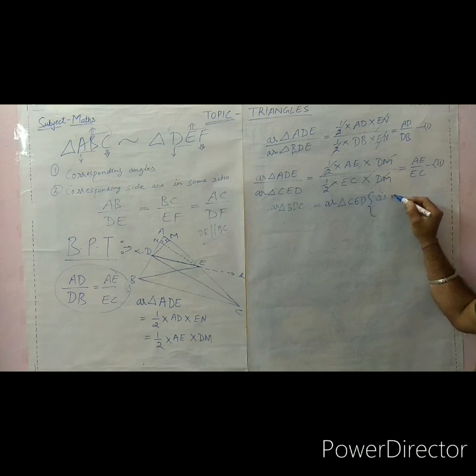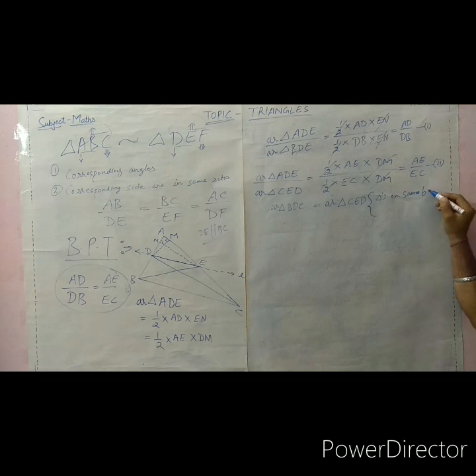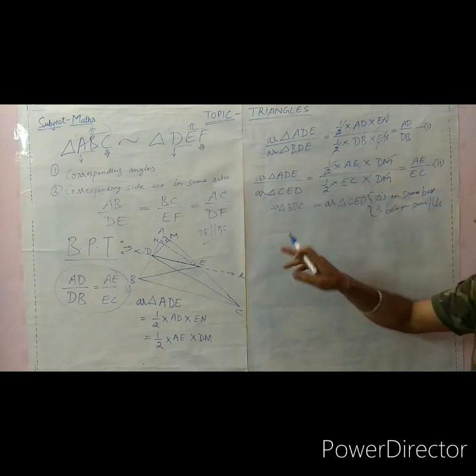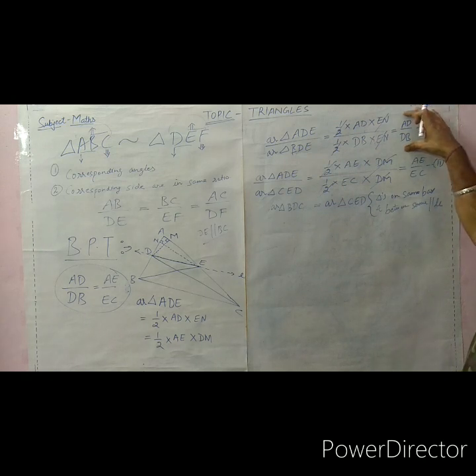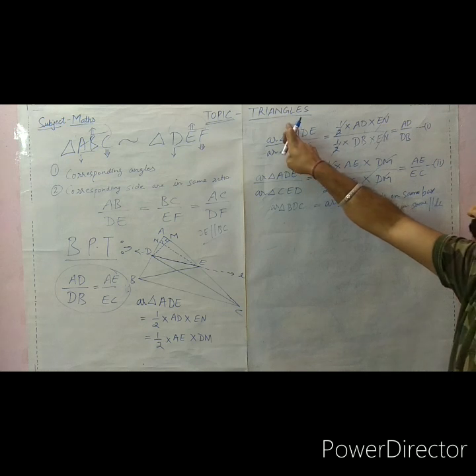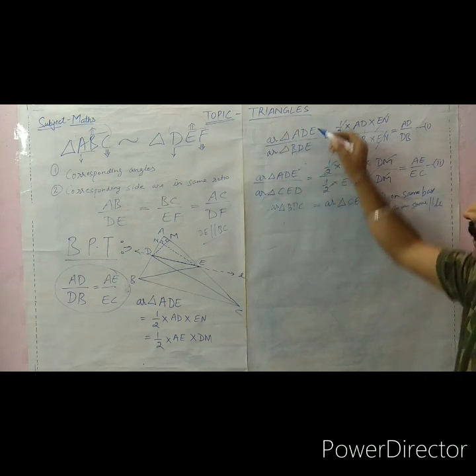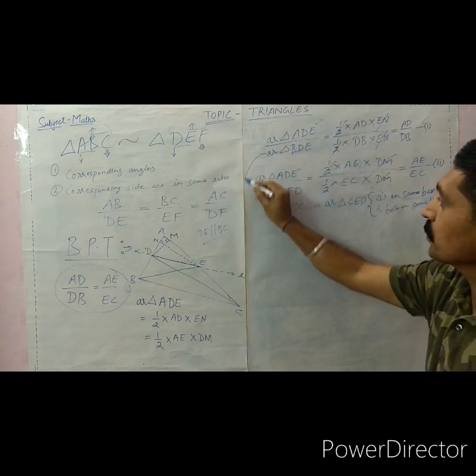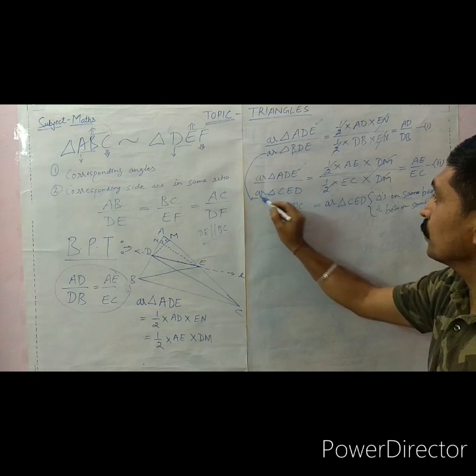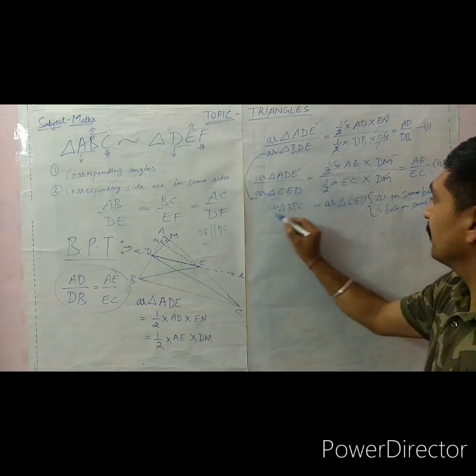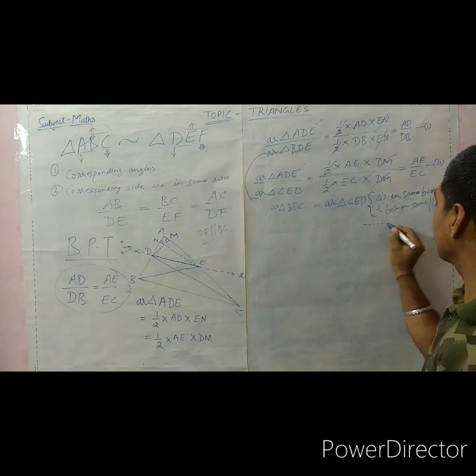Triangles on same base and between same parallels. So the numerators are equal, and here with the third equation we are equating these two triangles BDE and CED. This is equation number 3.